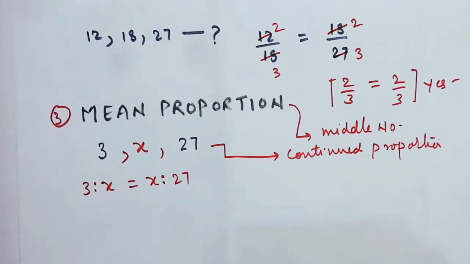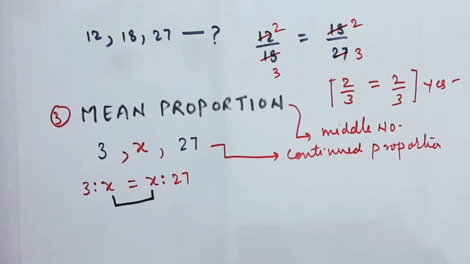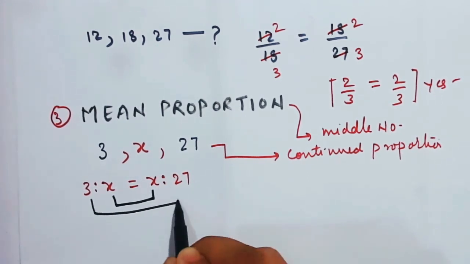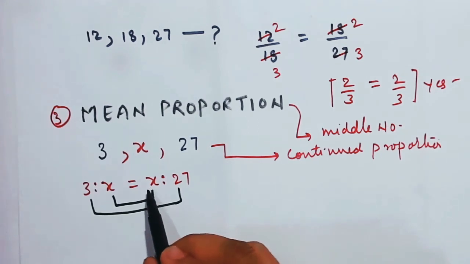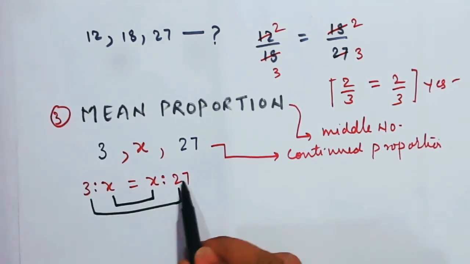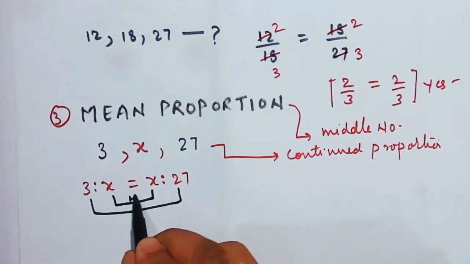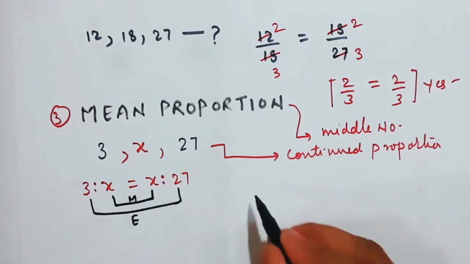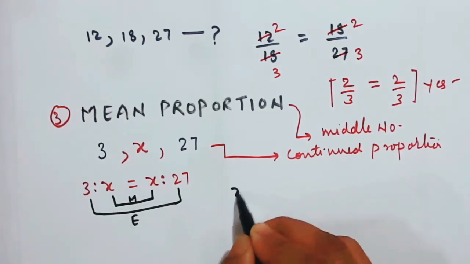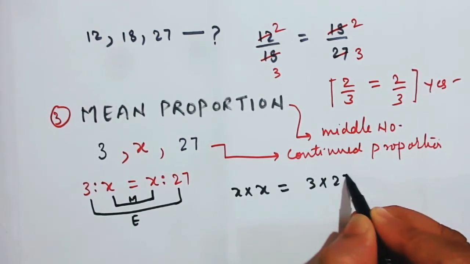Yes. Now let us multiply these two and these two. I hope you still remember that these two values are known as the means, and the last two are known as the extremes. So the product of means should be equal to the product of extremes. Therefore x into x should be equal to 3 into 27.